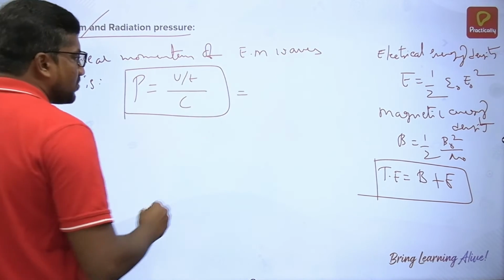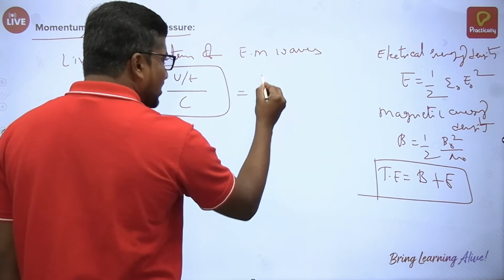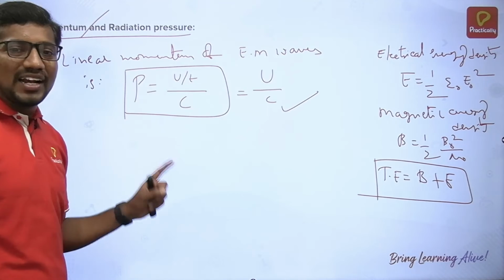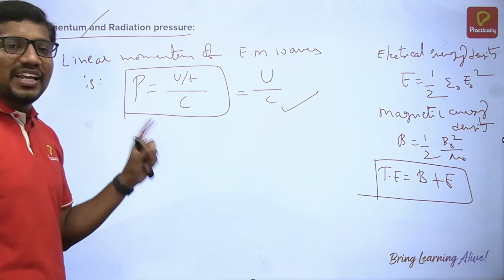That's what you can write as momentum, and this u by t I am taking as capital U. So P equals U by c is the expression for the linear momentum of electromagnetic waves.